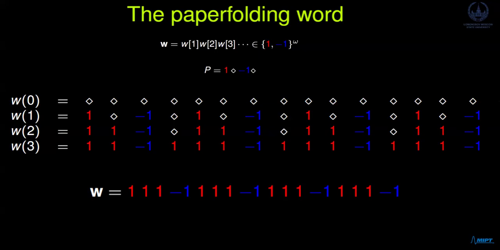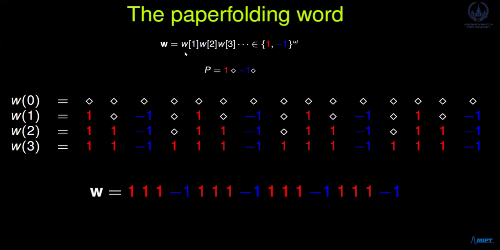Definition: a paper folding word W is an infinite sequence over the alphabet 1 and minus 1, where each element is either 1 or minus 1. It is denoted by W, which is equal to W of 1, W of 2, and so on.